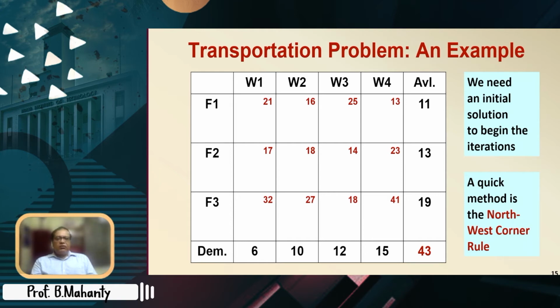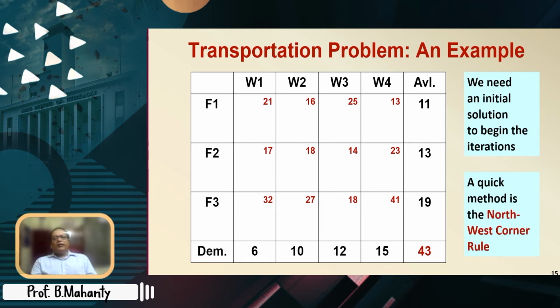And what is the total demand? Demand at warehouse 1 is 6, warehouse 2 is 10, warehouse 3 is 12, and warehouse 4 is 15. So what is the total demand? It is also 6 plus 10, 16, plus 12, plus 15, 43. So you see the first check has been made, that sigma ai equal to sigma dj. This side is sigma ai, this side is sigma dj, and both sides are equal. So this is 43.